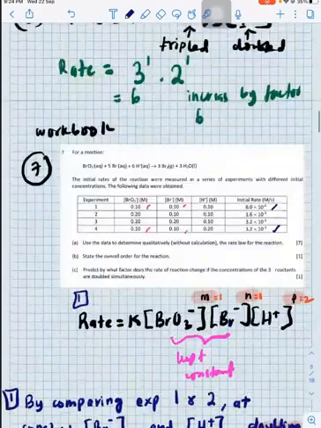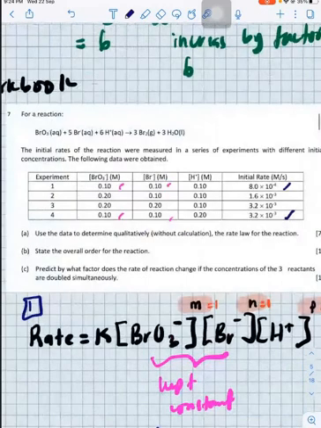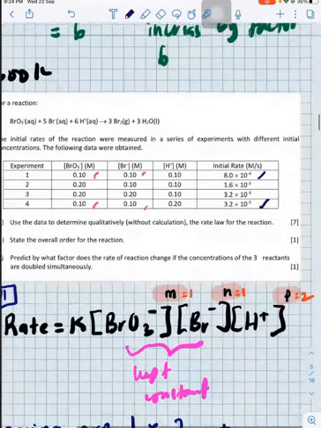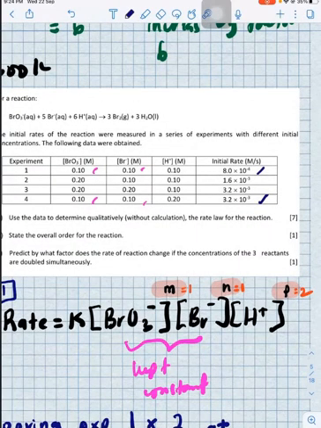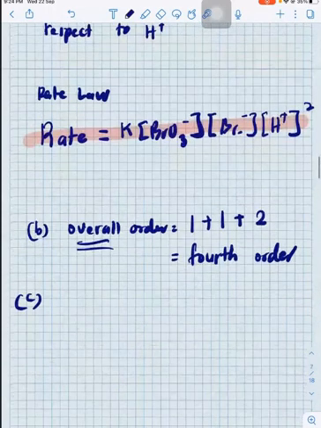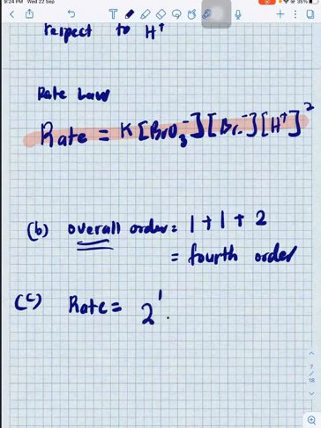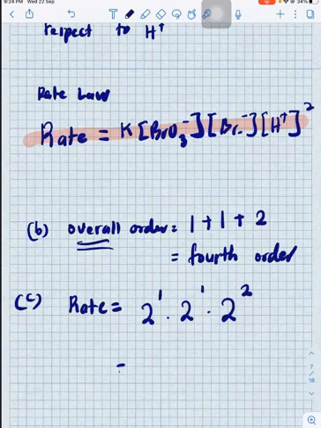Alright. So C dia kata predict by what factor does the rates of reaction change if concentration of the three reactants are doubled simultaneously. Semua kita doublekan. So bila kita doublekan semua, rate is equals to 2 kuasa 1 for BrO3 minus, Br minus 2 kuasa 1 juga, and then H plus 2 kuasa 2. So as a whole, berapa overall order kita?